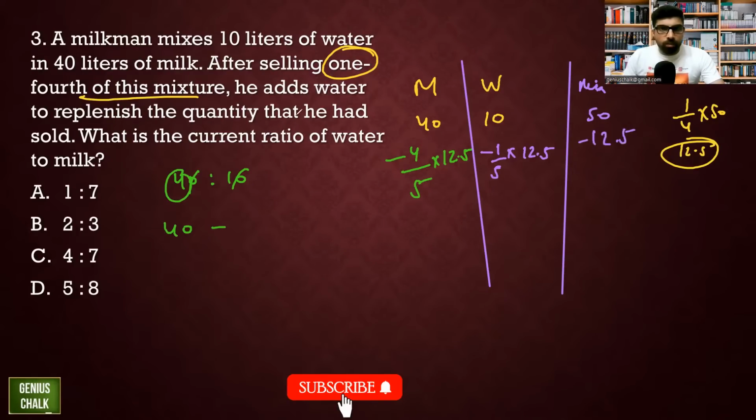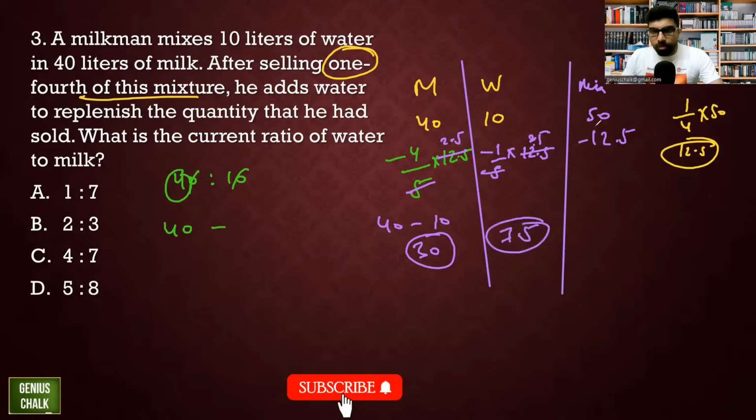Now if you see, 5 2s are 2.5 into 4. So 40 minus 10, because 2.5 4s are 10. So it is left with 30. And this is 2.5. So 10 minus 2.5, it is 7.5. 50 minus 12.5, it is also 37.5, which is validating the question.